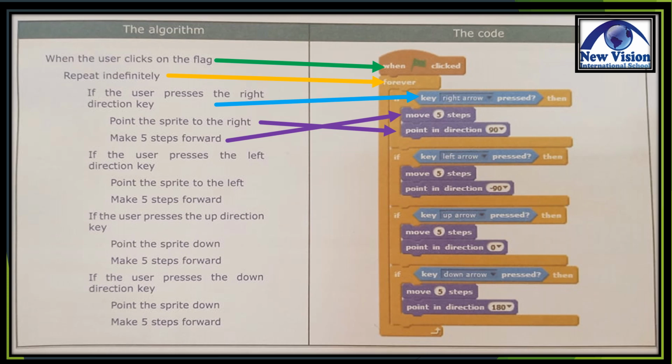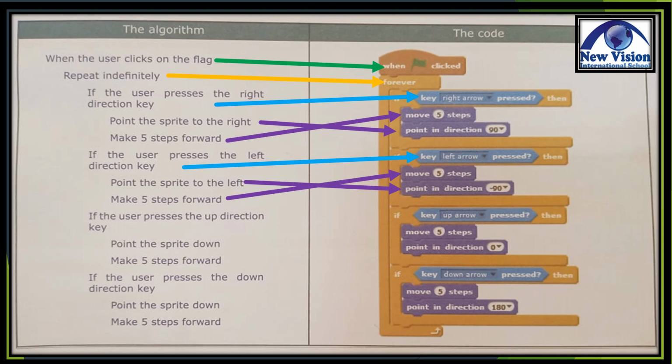Next, if the user presses the left direction key, it is equivalent to key left arrow pressed. Point the sprite to the left is equivalent to point in direction -90. Make 5 steps forward is equivalent to move 5 steps.